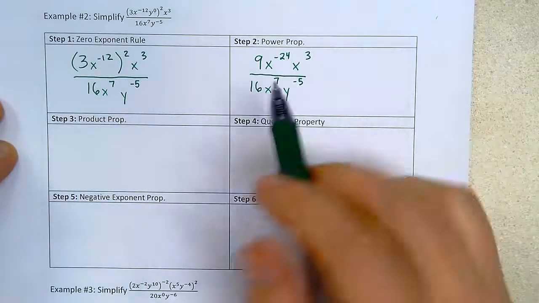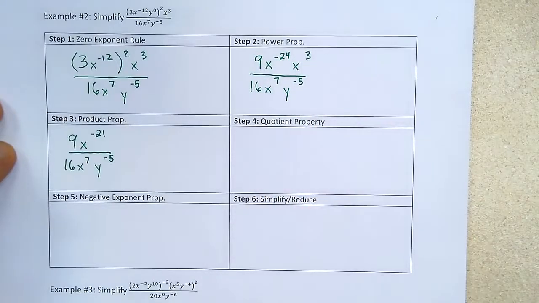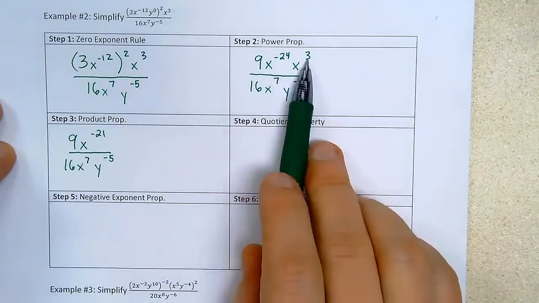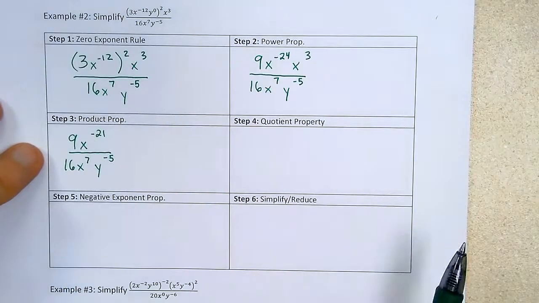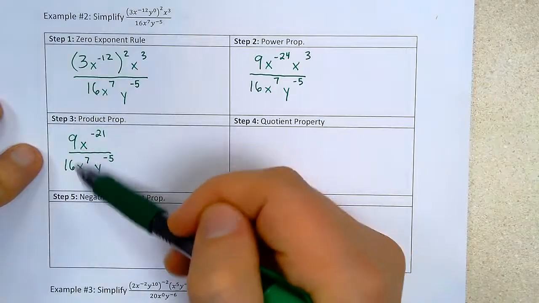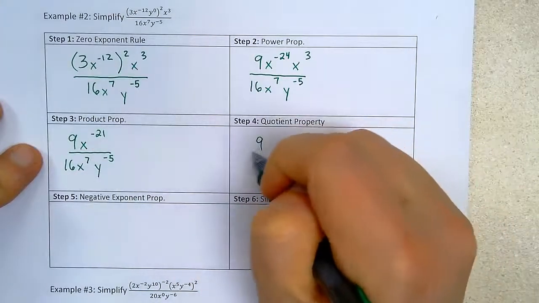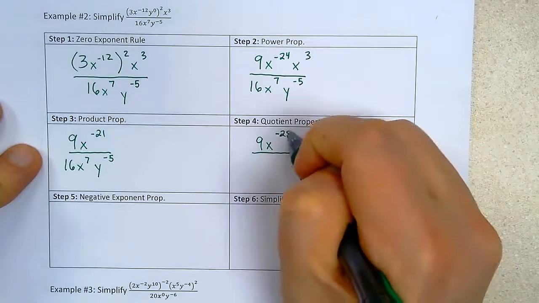Now we'll use the product property. It looks like it applies in the numerator. Negative 24 plus 3 is negative 21. Quotient property, I see that we have an x in the numerator and the denominator, so we can subtract negative 21 minus 7 is negative 28.